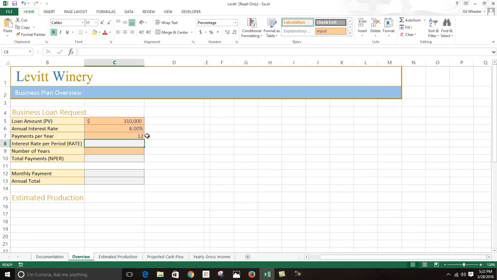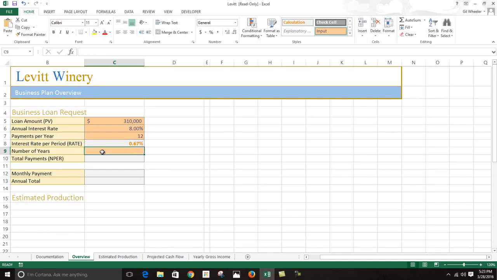So just remember that a formula begins with an equal sign, and it will be C6, so it'll be equals C6 divided by C7, and then when we press enter, our interest rate is 0.67%. Again, in the formula bar, it shows our formula equals C6 divided by C7.